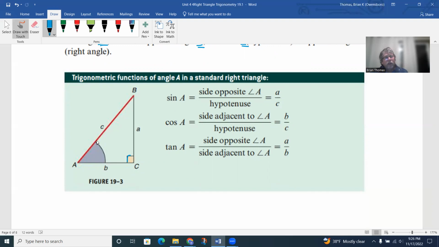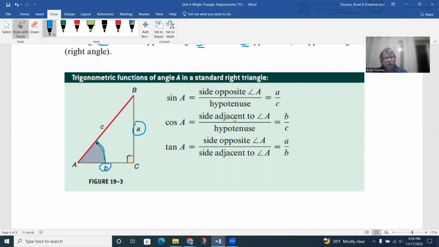Now, if we're talking about angle A, notice that side A is over here, and it's going to be opposite. And B is going to be adjacent to angle A. So if we use this relationship, what we pick up on is the sine of A is defined as the side opposite of angle A over the hypotenuse.